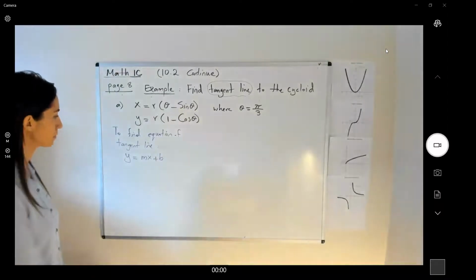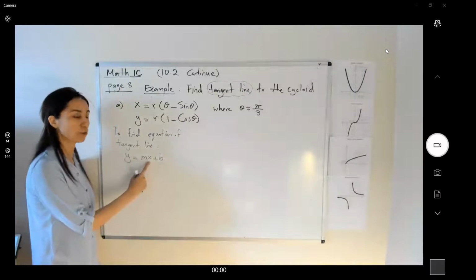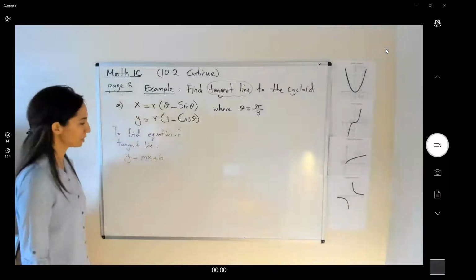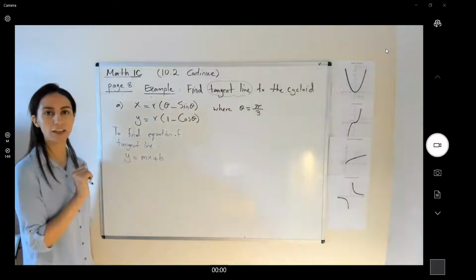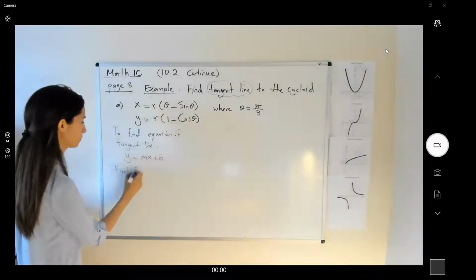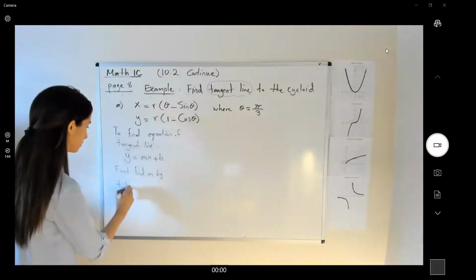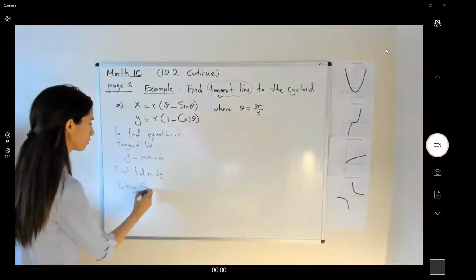We're looking for y, we're looking for m, we're looking for x, we're looking for b. First, let's find the slope of the line. So first, find m by taking the derivative of the function.